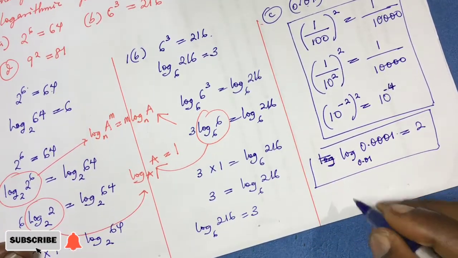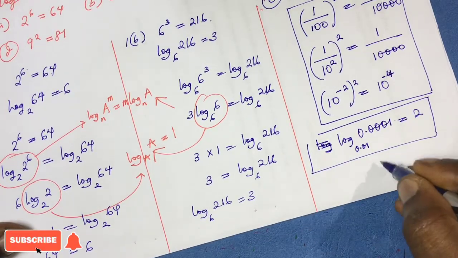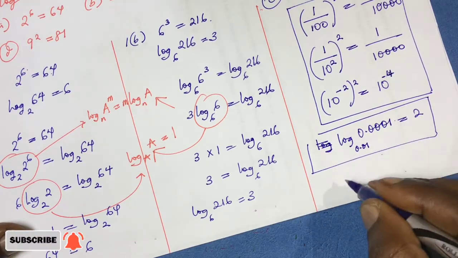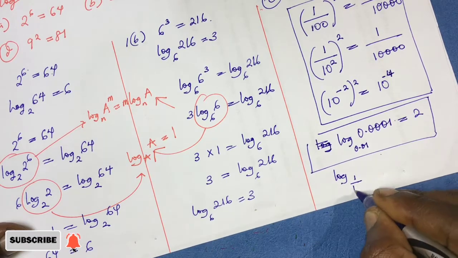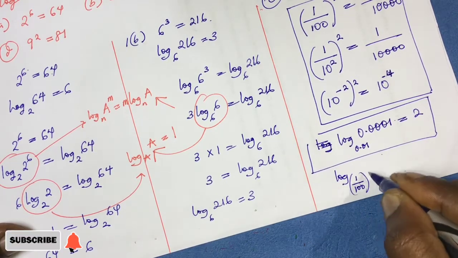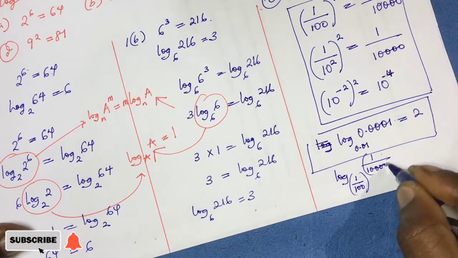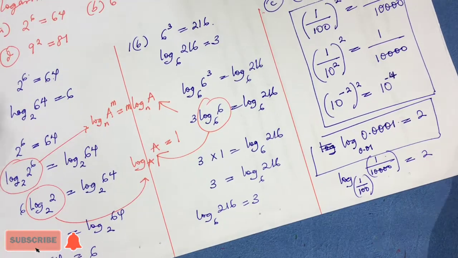Now, if you don't want to go that way, then you can go the other way around. So let's simplify this to start with. If you do this by the definition, this will give you 1 over 100 as the base, and 1 over 10,000 as the number whose logarithm we want in that base, 1 over 100, and that will give us 2.